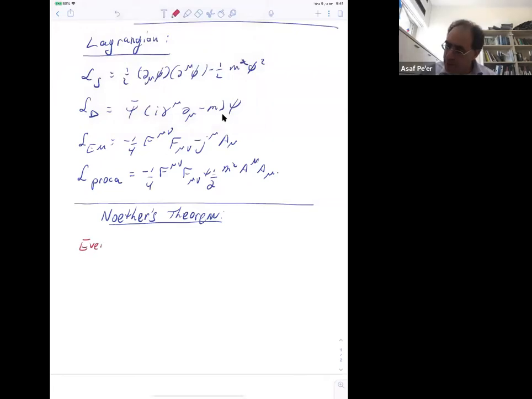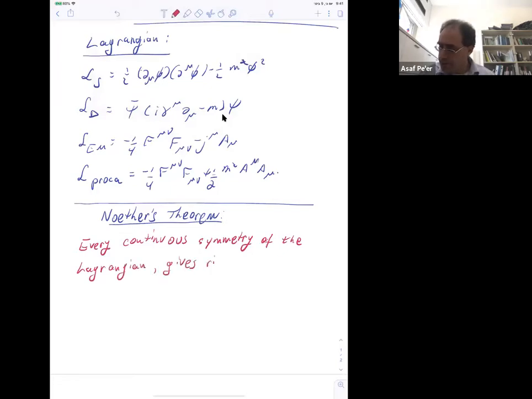Every continuous symmetry of the Lagrangian gives rise to a conserved current.